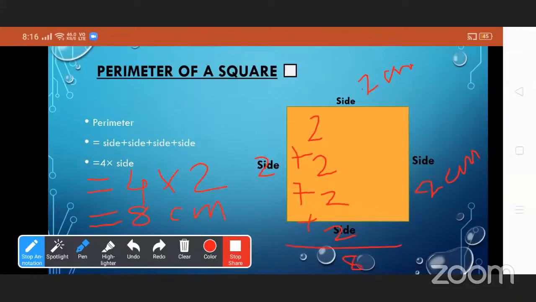So this is 8 centimeters only. So by doing multiplication, we can find the perimeter. So for the perimeter of a square, we write the formula 4 into side, means we can multiply any side of the square by 4 to get the perimeter of that square.